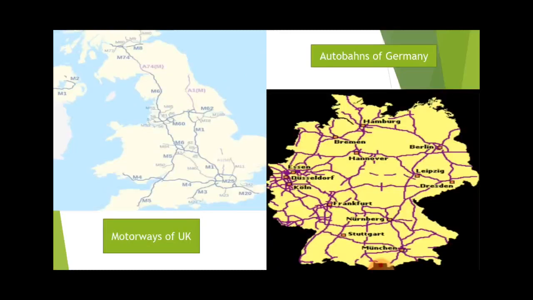So what does it mean? If I say 6 lane, it means 3 vehicles can move together from one side and 3 vehicles can move from the other side. This is considered as 6 lane, 8 lane or 4 lane.